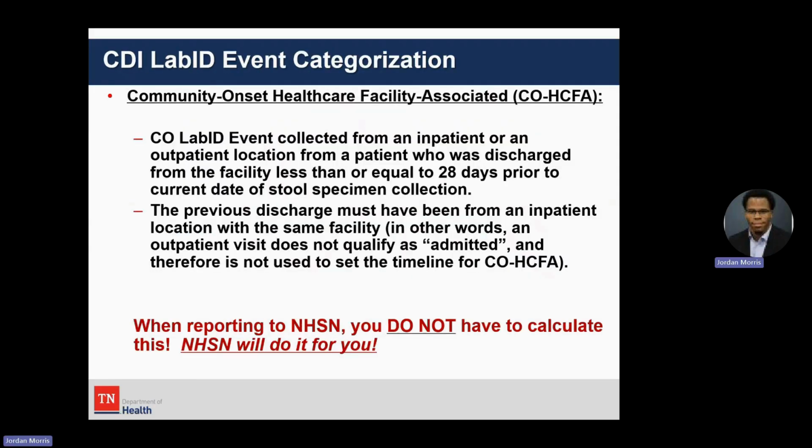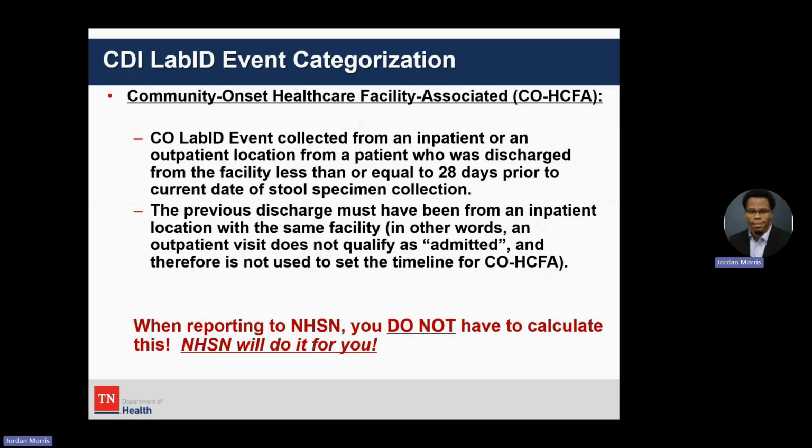Community onset healthcare facility associated, which is for C. diff only, is collected from an inpatient or an outpatient location from a patient who was discharged from the facility less than or equal to 28 days prior to the current date of stool specimen collection.